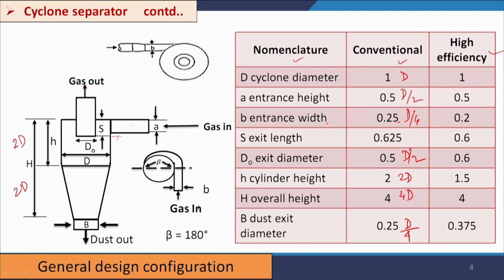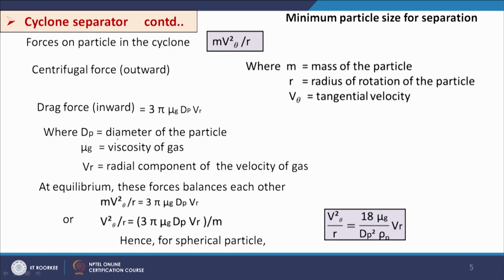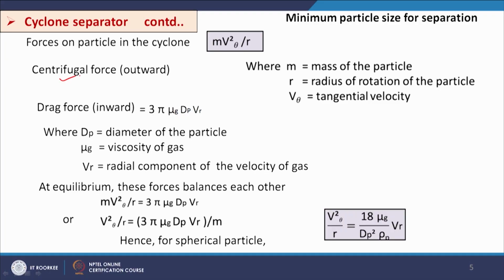So, this way the cyclone works, and now we will see the minimum particle size for separation. If we think about the different forces working on the particle in the separator, then we will see that centrifugal force is working on the particle in the outer direction. Certainly one drag force will be in the opposite direction, that is in the inward direction.